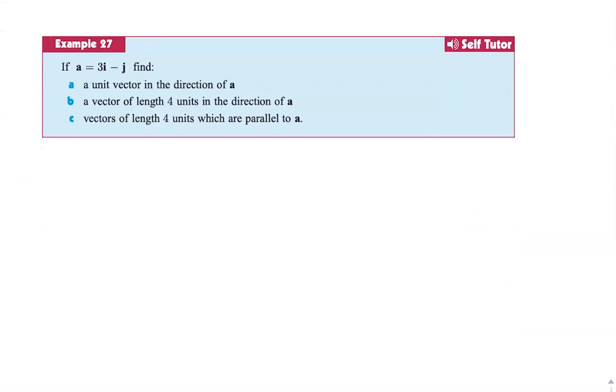If a is 3i minus j, find a unit vector in the direction of a. So remember that formula is the vector divided by its magnitude. So we've got to find the magnitude of a. You use the magnitude formula, where I just use the components, a squared plus b squared equals c squared. So I get radical 9 plus 1, which is rad 10.